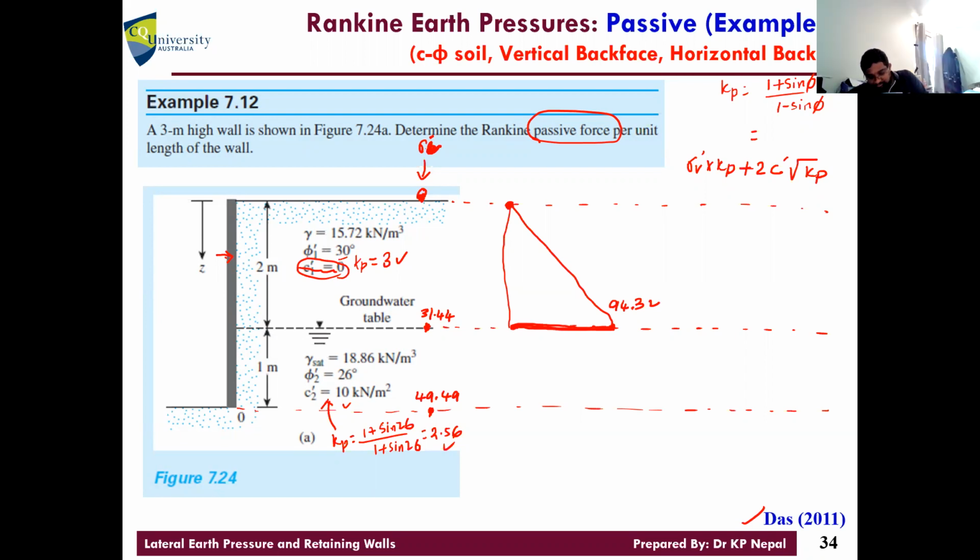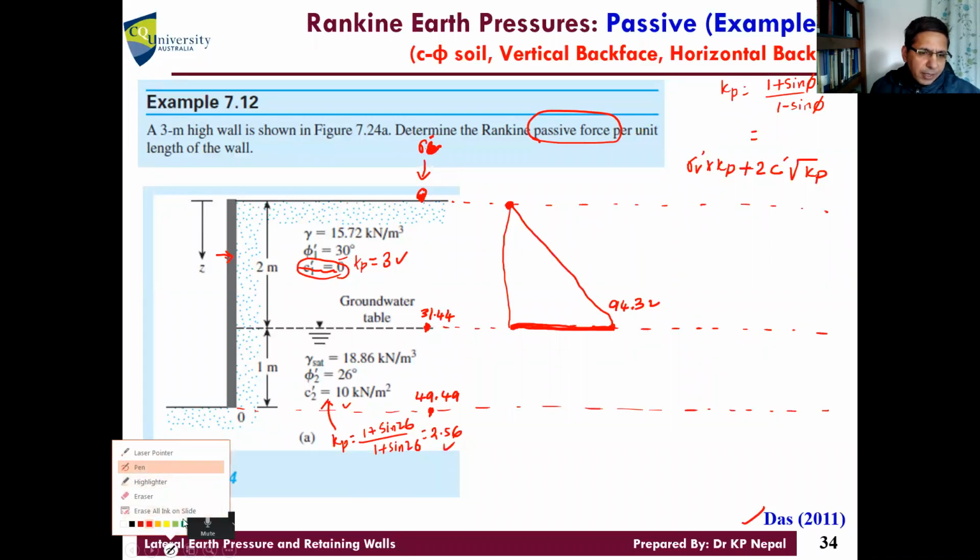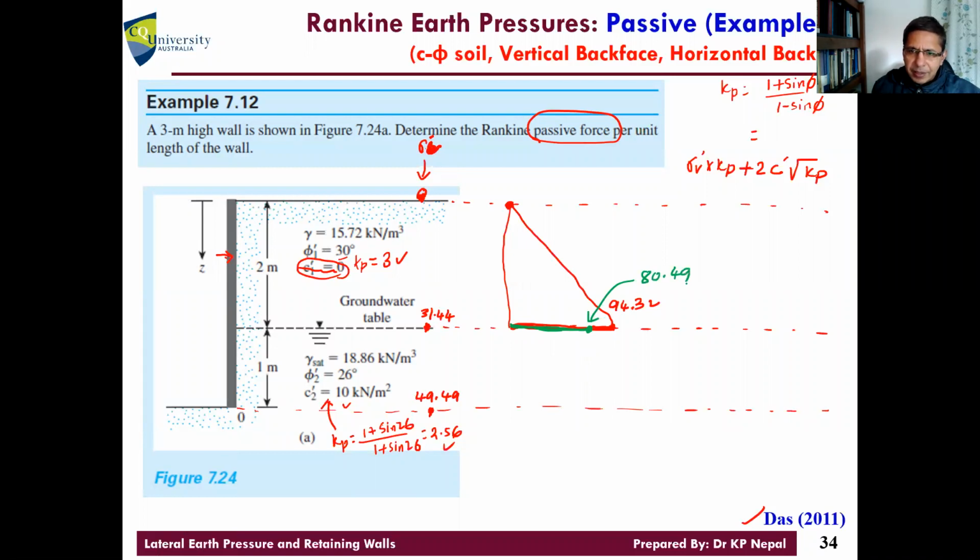So did you get 80.49? It is a little bit less than 94. For the below layer, this is the value, 80.49. Above the layer, 94.